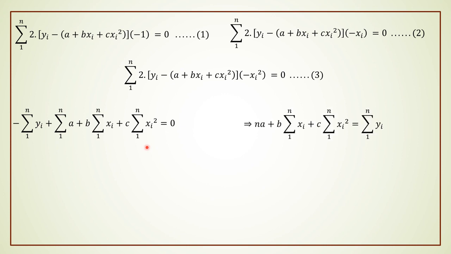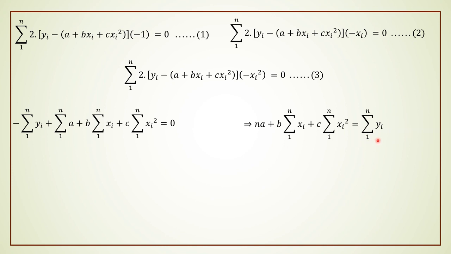Okay, just make a note of it. Summation of the constant term is nothing but n into a, plus b into summation of xi, plus c into summation of xi squared, and the first term I have taken to the right hand side, so you have summation of yi.